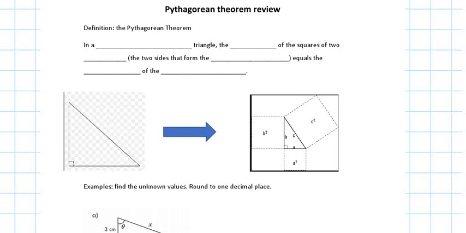It's when you know it's a right angle triangle and you know the size of two of the sides, you can find the third side.